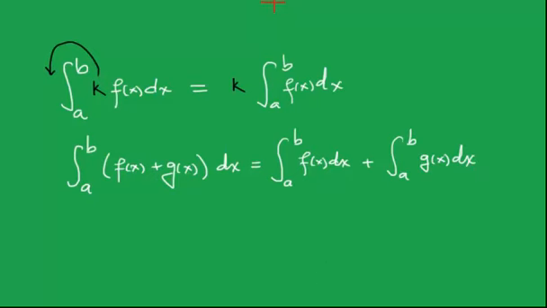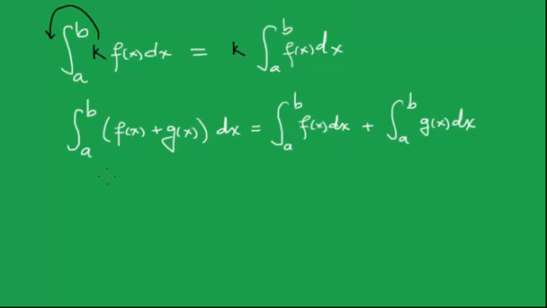And also another property that we should know is the integral from a to b of f of x dx equals, so we're going to multiply by a negative sign, so it's equal to negative the integral from b to a.